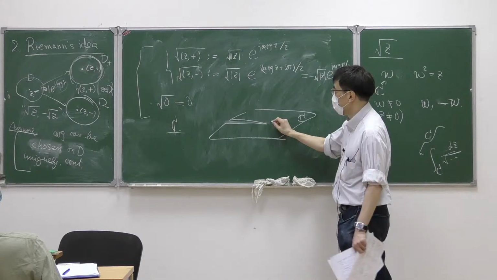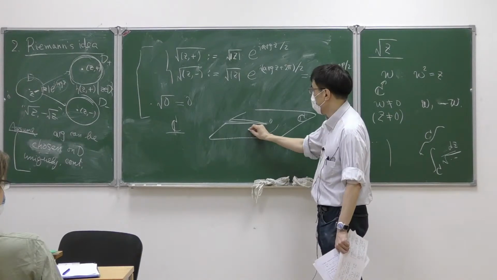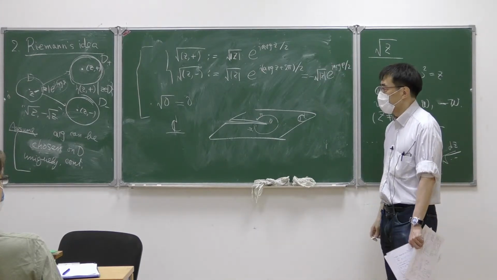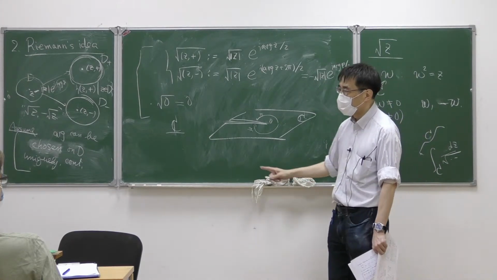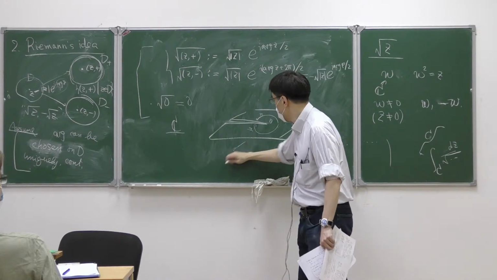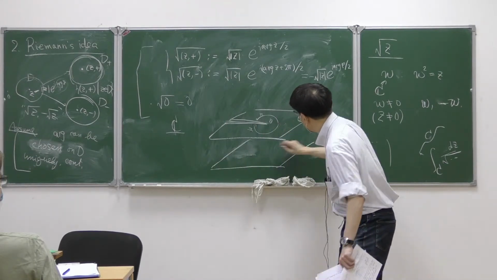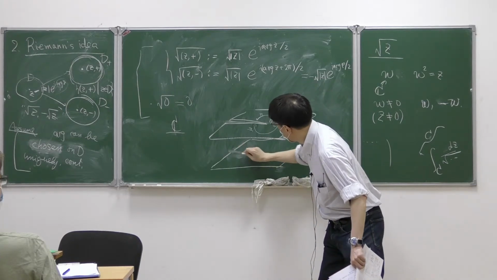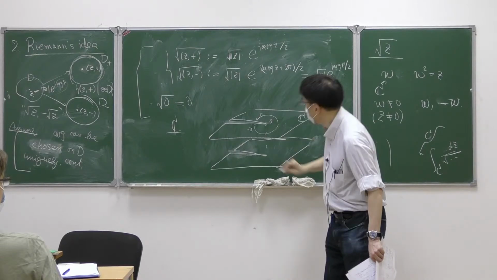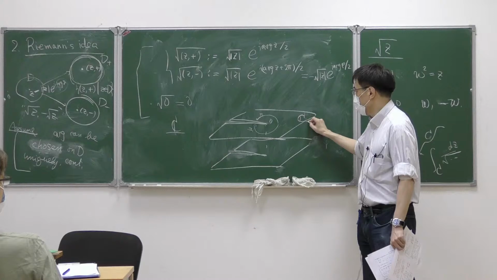For example, like this. Then we need two such sheets. So let's call this one C plus, this C minus.